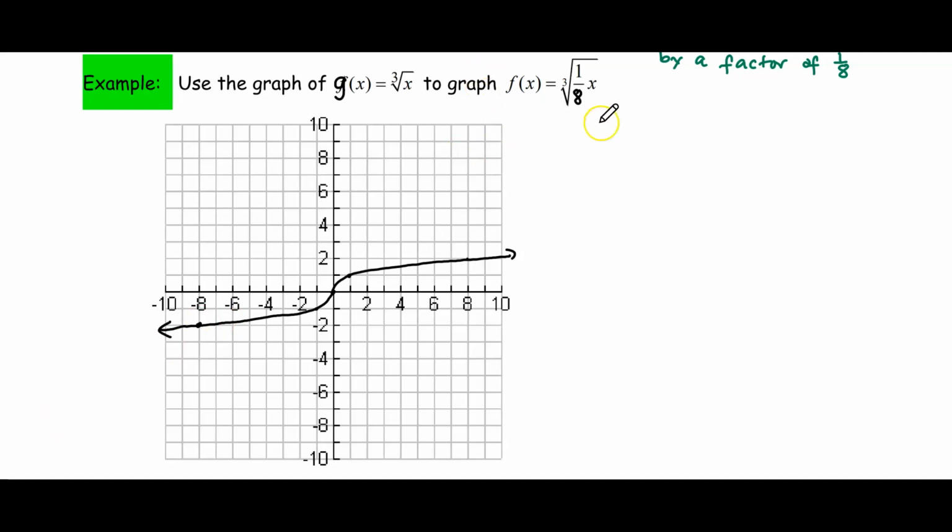Now to see the graph here in relation to the graph here, we will consider points on the graph of the base function. So we have g of x equal to the cube root of x as our base function. And again, we look at those same points.